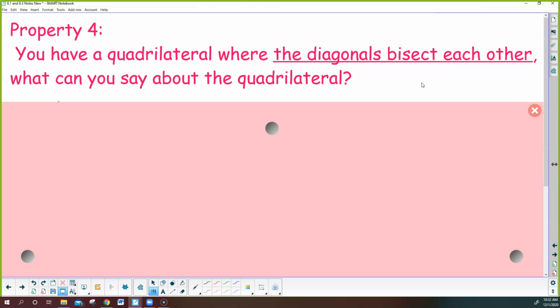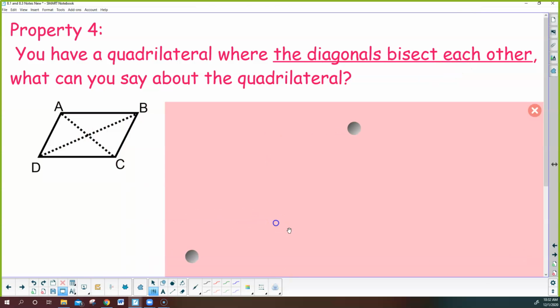All right, so what, and this is a very interesting one, what if you have a quadrilateral where the diagonals bisect each other? Ooh, interesting. Okay, so here I have a four-sided shape, and now the diagonals bisect. And this is kind of important. The way we would write this is if AC bisects BD.